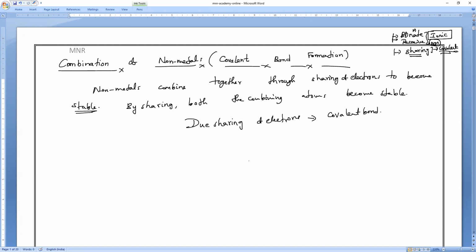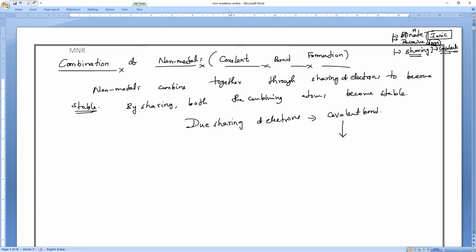Now, formation of a covalent bond takes place when both the bonded atoms require electrons to achieve the stable inert gas configuration. That is the most important point about the covalent bond. Both atoms need electrons.